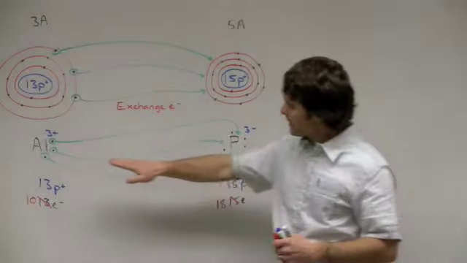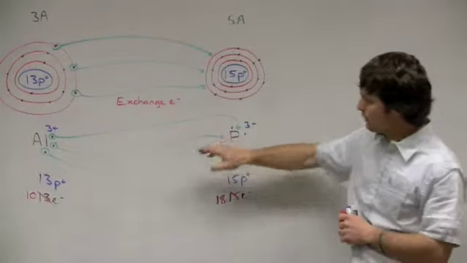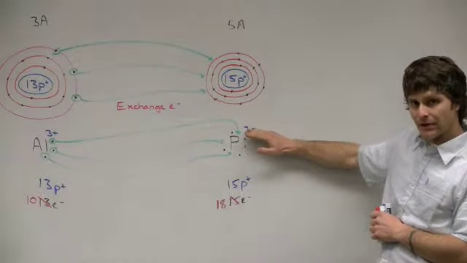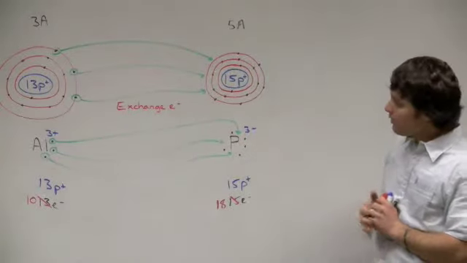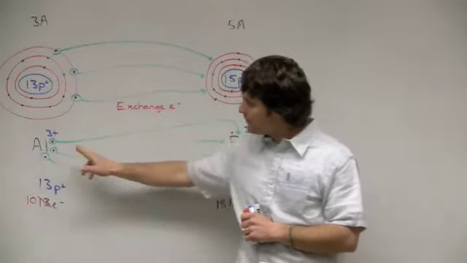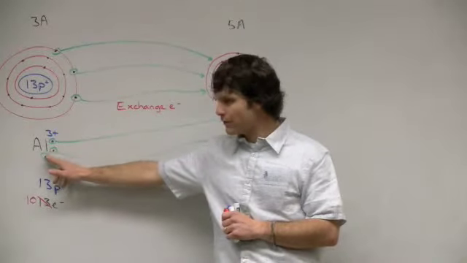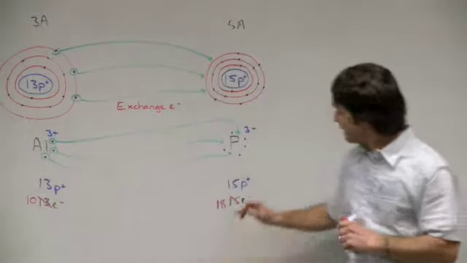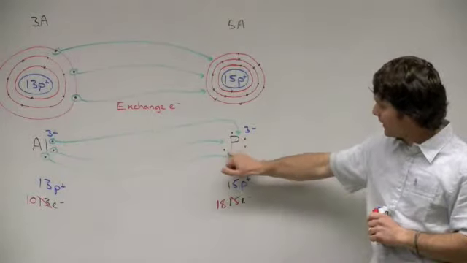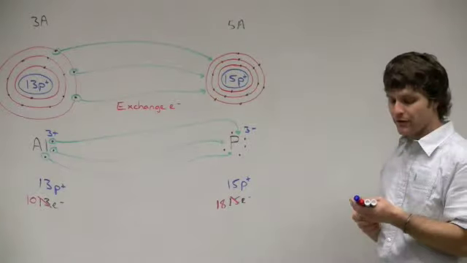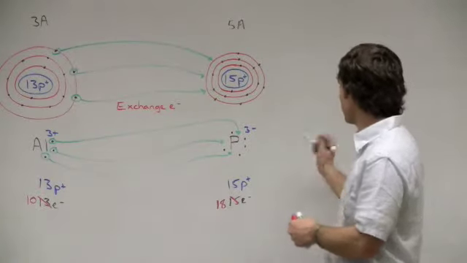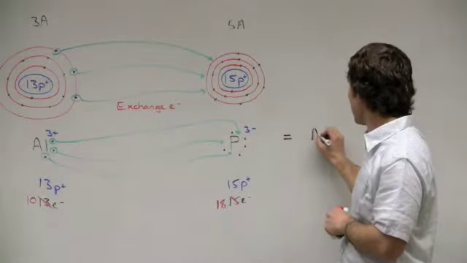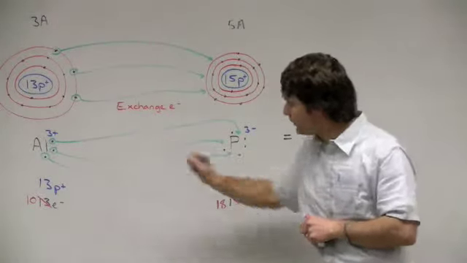The metal atom losing electrons, forming a positive ion, and the non-metal atom gaining electrons, forming a negative ion. What I want to point out is that even though aluminum lost 3 electrons, there was only 1 aluminum involved. And even though phosphorus gained 3 electrons, there was only 1 phosphorus involved. So if we were to write the formula for this ionic compound, we would write it as Al, because there is only 1.